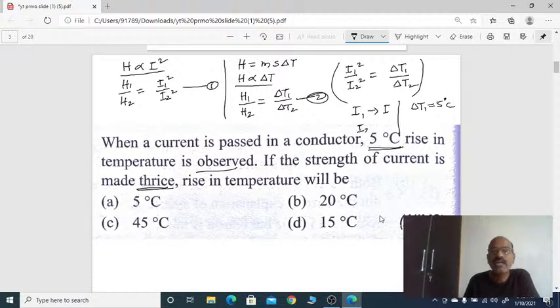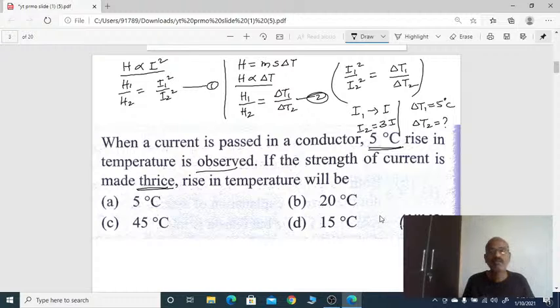I2 is 3 times I1, keep in mind, I2 is 3 times I, given thrice. What is the rise in temperature? Delta T2 is the question. That's all. Yes, you can do it now.